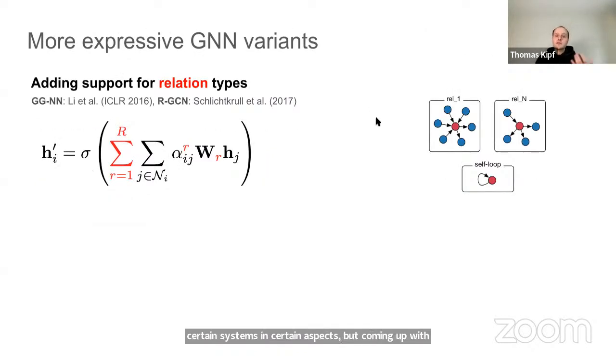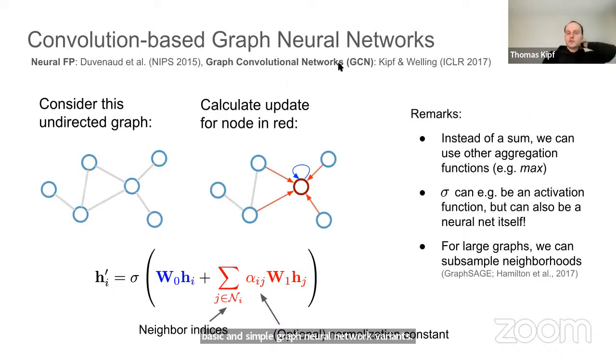Now, what I just showed was one of the most basic and simple graph neural network variants. When we published the graph convolutional network, this was the first real use case of this method for classifying nodes in the network. And we showed that even this very simple method, where we didn't even do any subsampling and just had a very simple activation function, worked well. But the simplicity is also what makes it quite powerful, because you can implement this in a few lines of code.